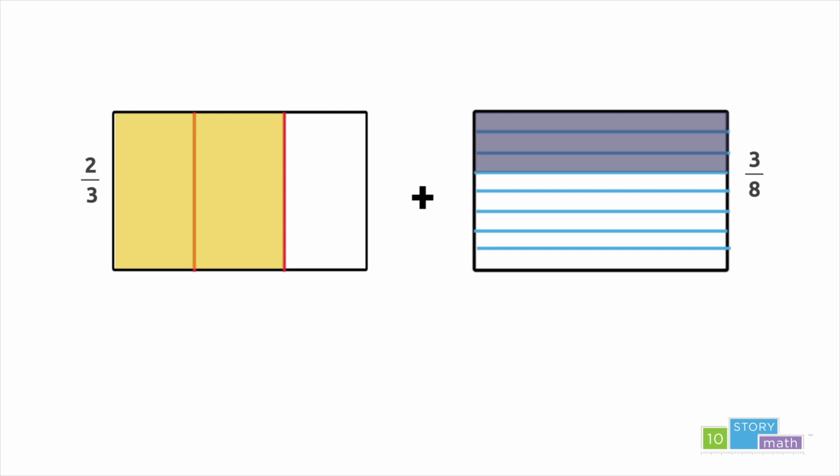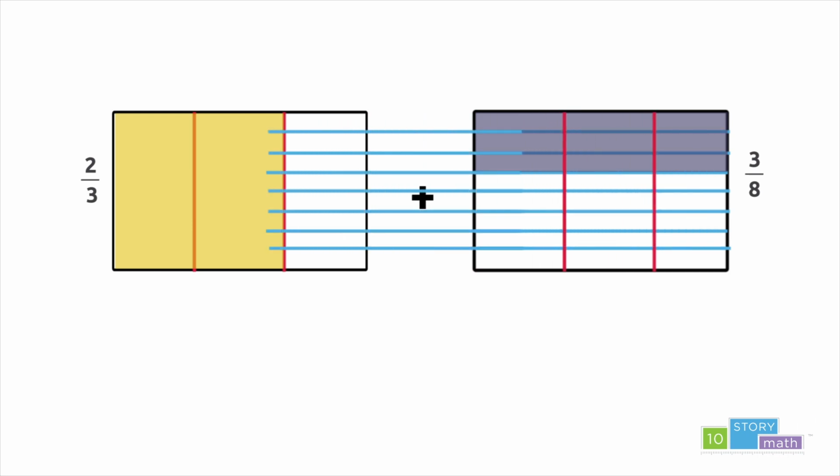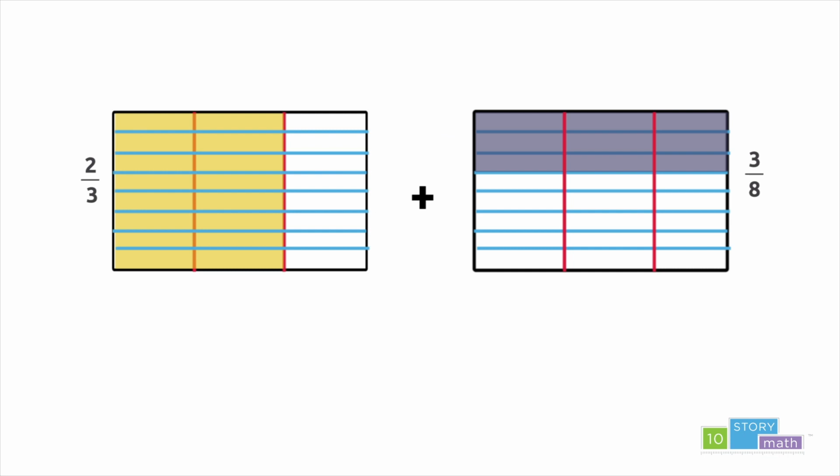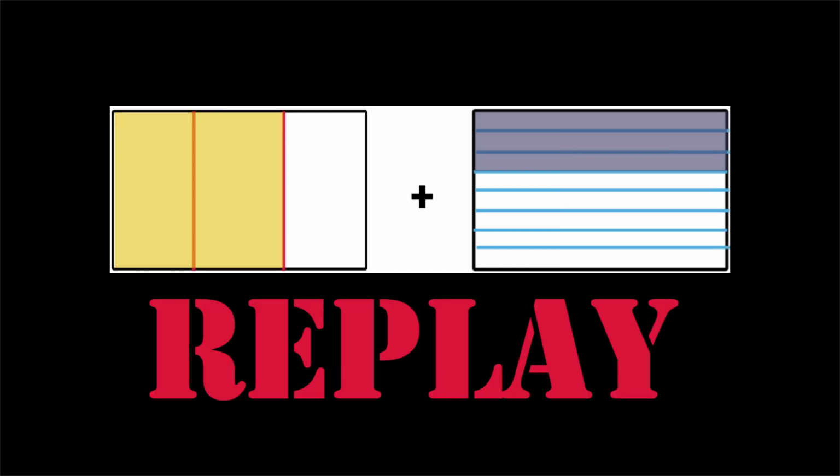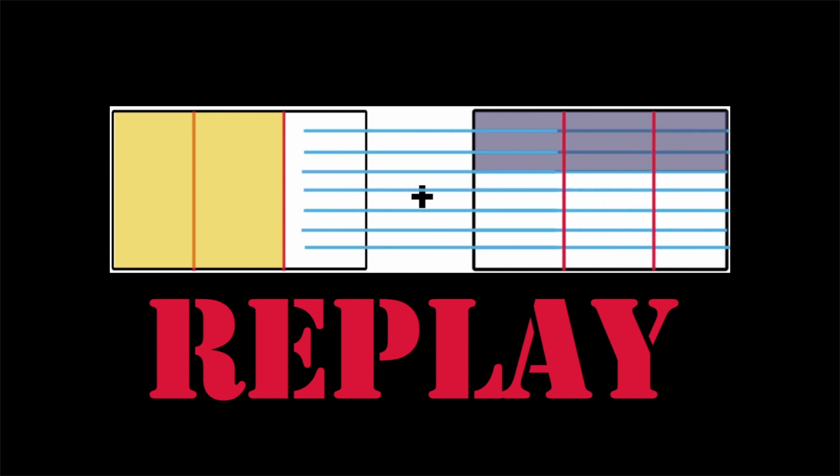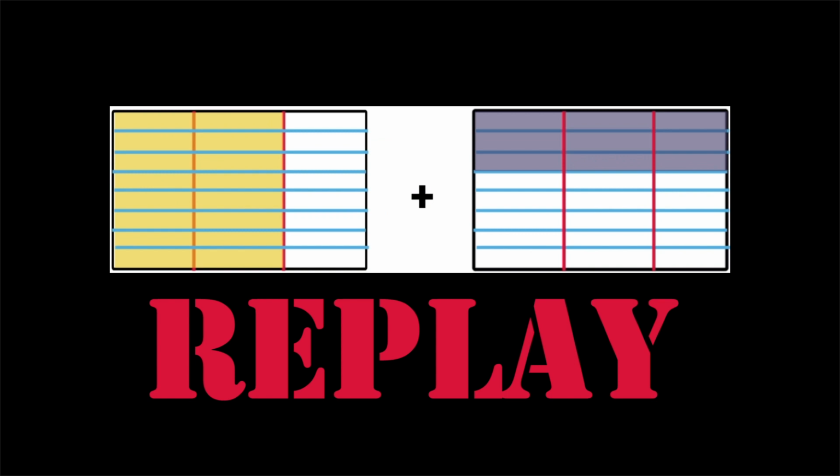To do so, it's just a matter of sharing. We're going to share the red vertical lines with the 3/8 model, and the blue horizontal lines with the 2/3 model. Let's see a replay. Copy the red lines to the 3/8 model. Copy those blue lines onto the 2/3 model.